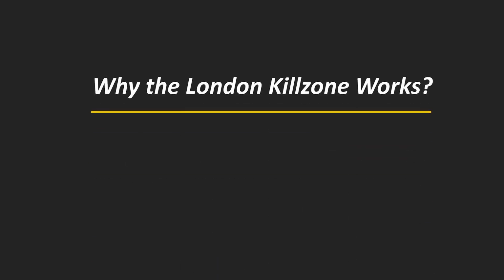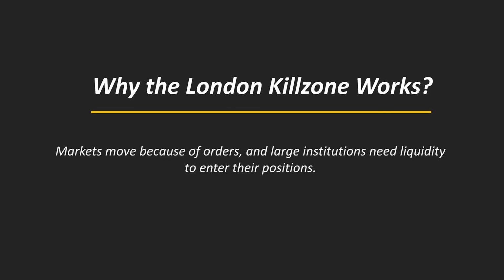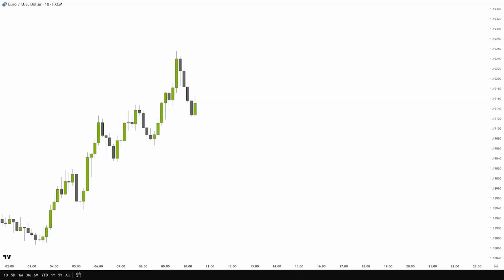Why does the London kill zone work? To understand why, we need to think about liquidity. Markets move because of orders, and large institutions need liquidity to enter their positions. One of the easiest places to find liquidity is above previous highs and below previous lows, where many retail traders place their stop losses.